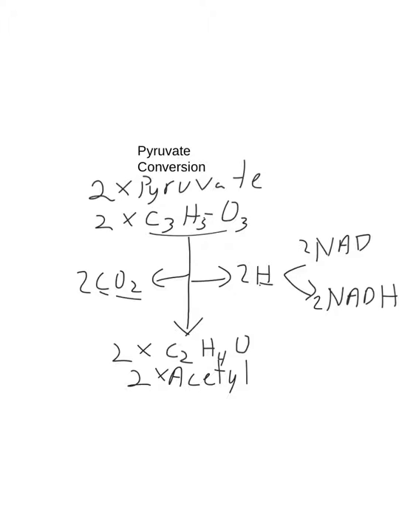Well, the acetyl is not going to be able to go ahead and participate in the next set of reactions unless it's carried into the next set of reactions by a little helper. And our little helper molecule here is going to be referred to as coenzyme A. And coenzyme A doesn't really change the acetyl group in any formative way. It just acts to carry it to the next set of reactions.